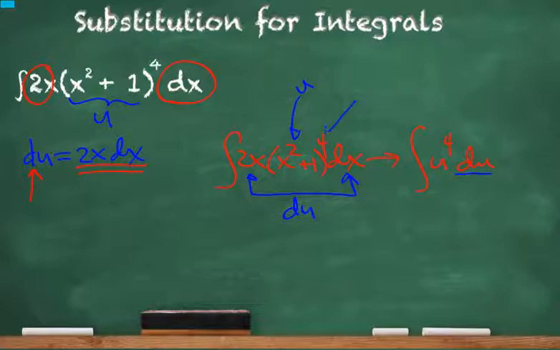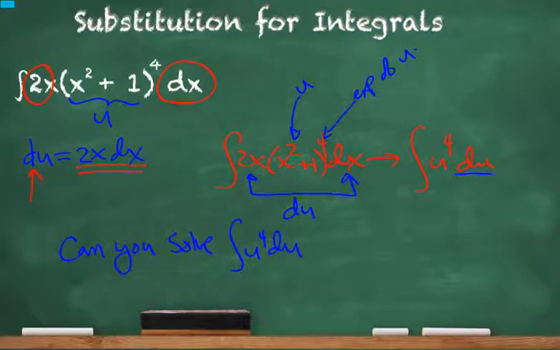The exponent of 4 is the exponent of u now. Can you solve this integral, u to the 4th du? Of course we can. This is the simplest example that we started this antiderivative unit with. It is a simple case of the power rule, and we say, great, this is going to be 1/5 u to the 5th plus c.